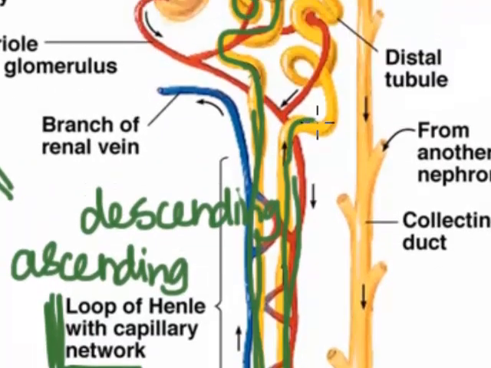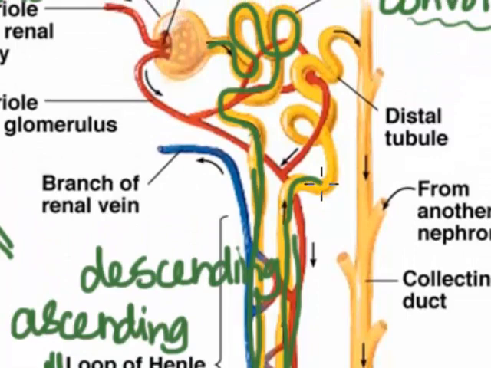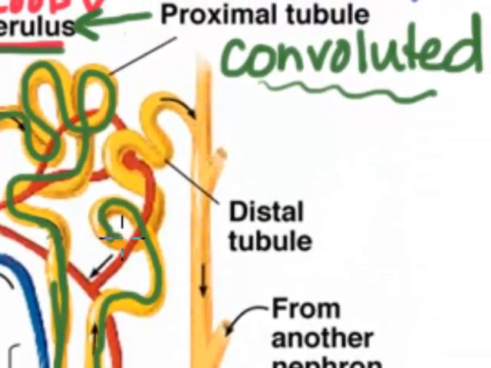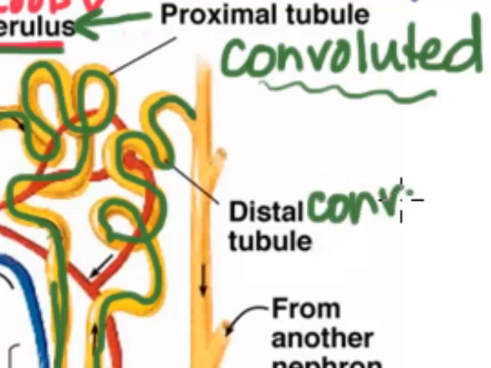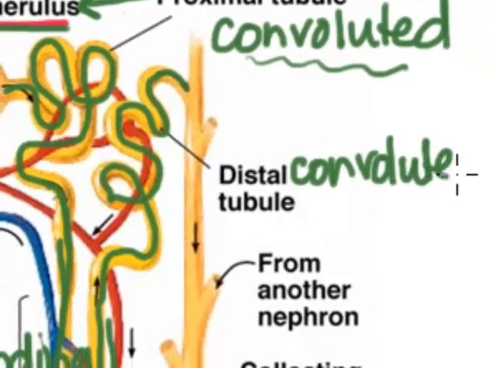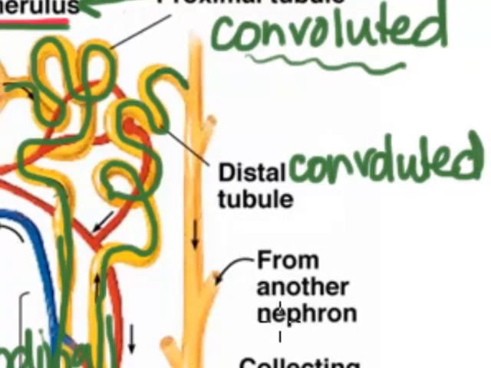As the ascending branch or limb of the loop of Henle comes up towards the area at the top of the nephron again, it's thrown into a second lot of convolutions or folds. So we have the distal convoluted tubule. Remember I told you that proximal means closest to something.